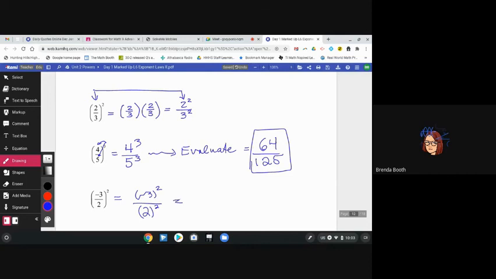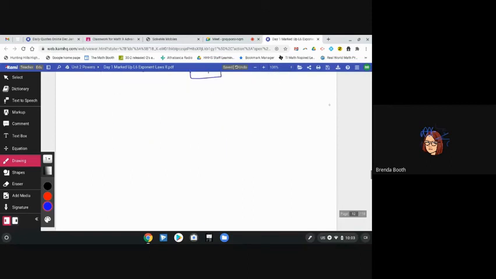And so -3 squared, that would be +9. And 2 squared would be 4. So that step just makes us realize, I think, that we're not even really dealing with a fraction. We're really dealing with 2 separate powers. And for some reason, that seems to make it easier for our brains to handle.